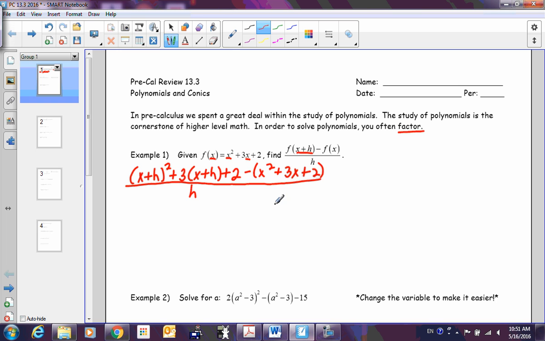Okay, and like I said, this is a calculus concept you'll learn more about next year. When you have something in parentheses squared, it does not mean you can square the first thing and square the second thing.